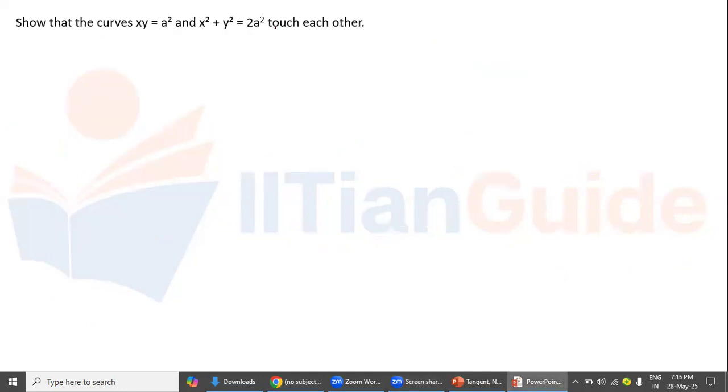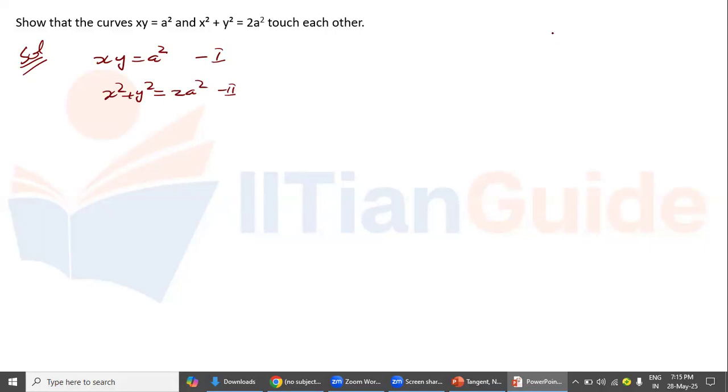Okay, show that the curve this and this touch each other. We have xy is equal to a square, one equation, and we have x square plus y square to be 2a square, another equation. We need to prove that the curves touch each other.